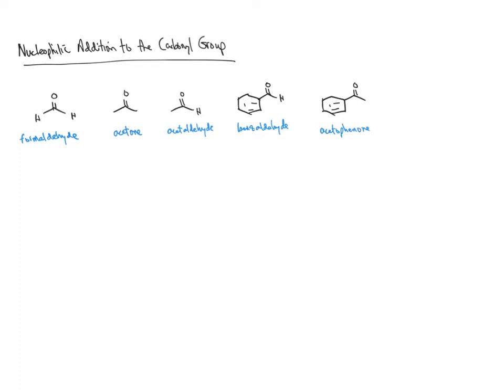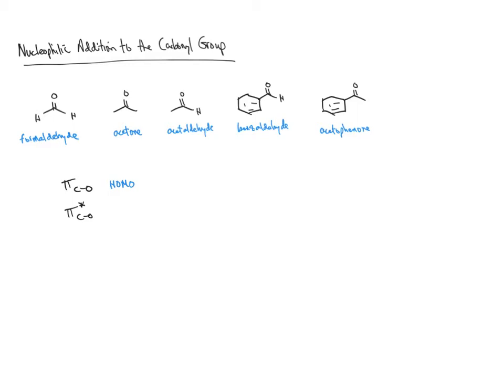And what all of these molecules have in common is that they have carbonyl groups. They have a C=O double bond. And so we can think about these in terms of their frontier molecular orbitals. The frontier molecular orbitals we're concerned about are, of course, the pi CO and the pi star CO. The pi bond is going to be the HOMO in this case, and it's polarized towards the oxygen atom because it's more electronegative.